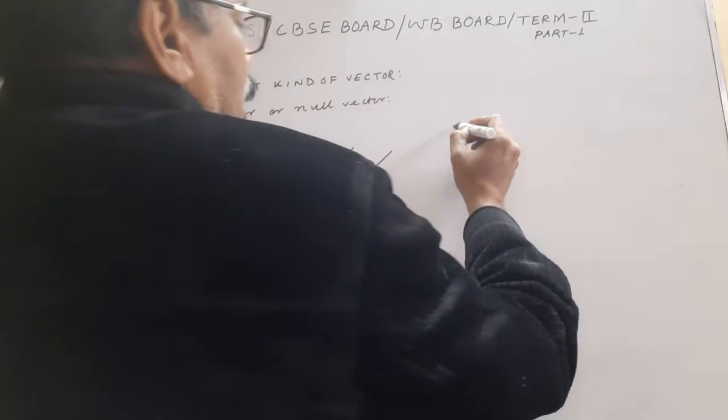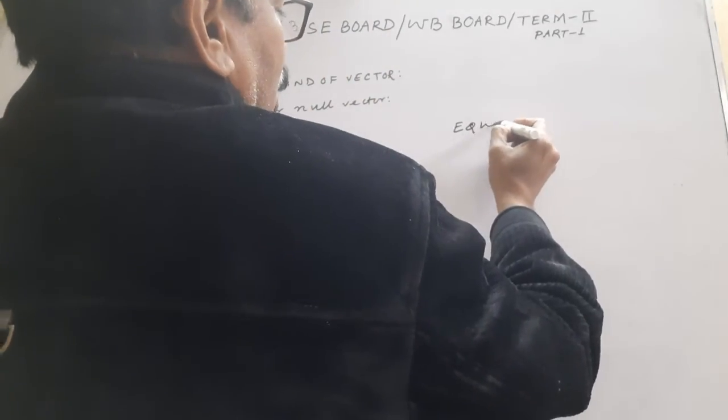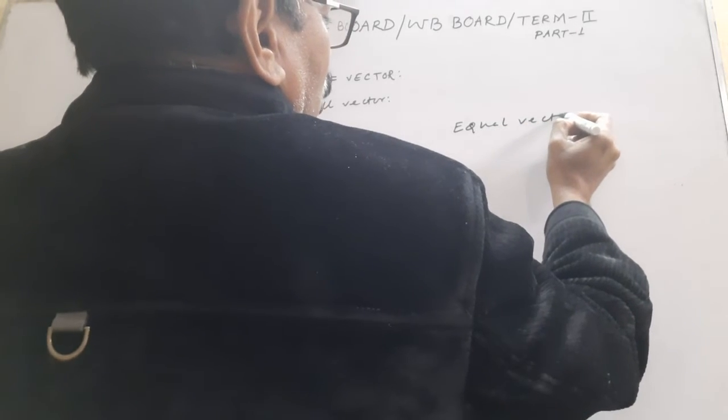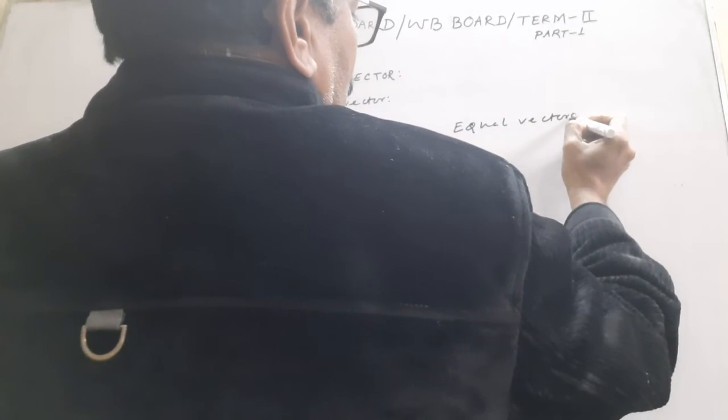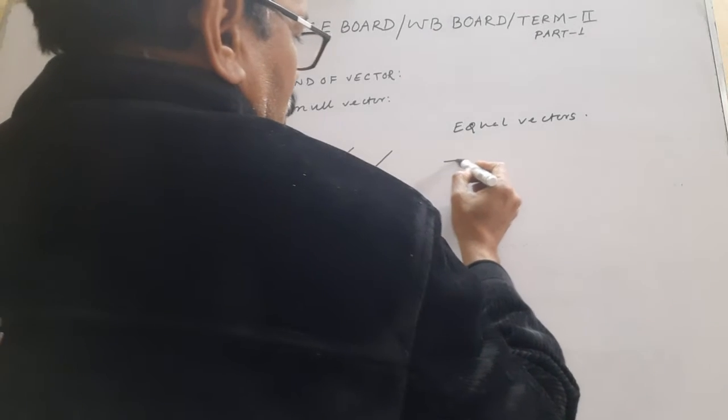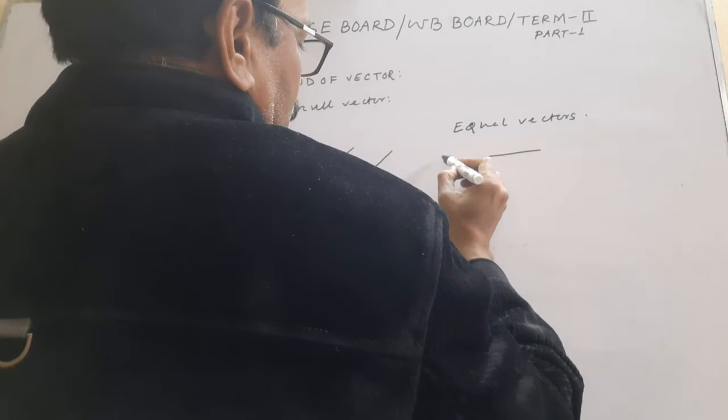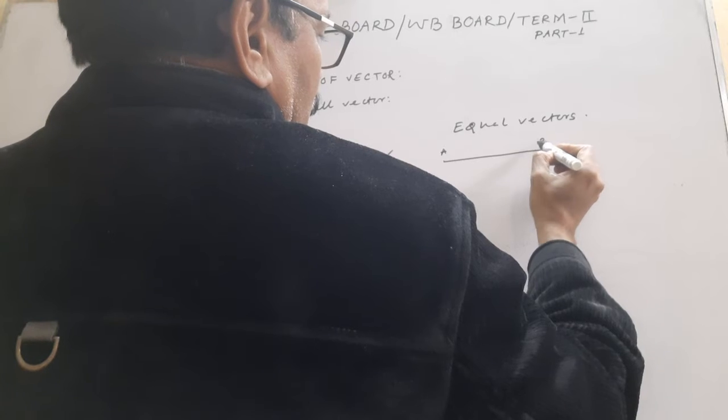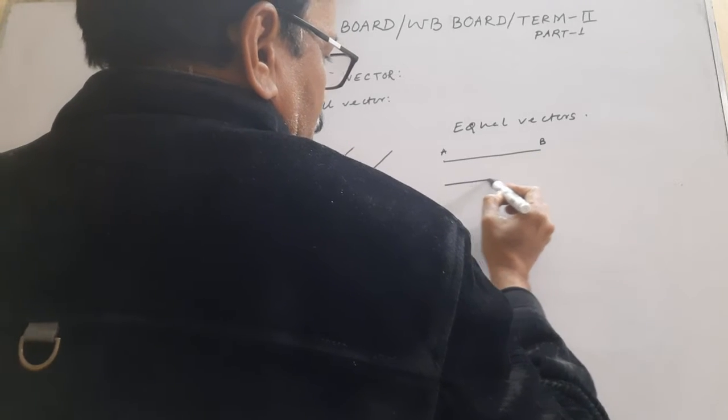Then equal vectors. So look, this is AB and this is CD.